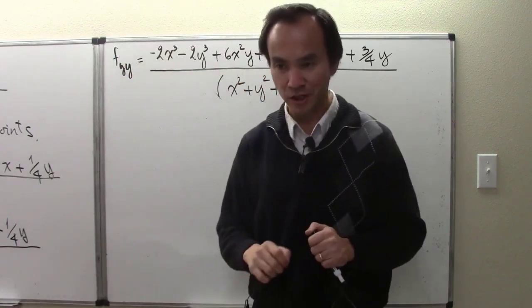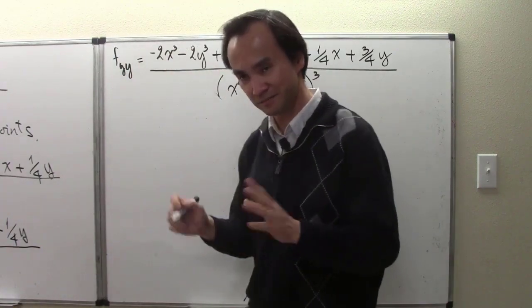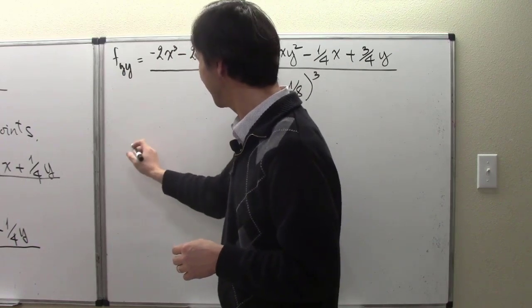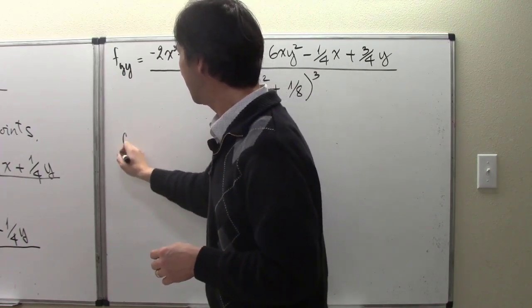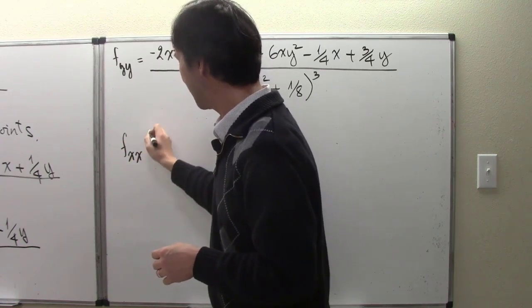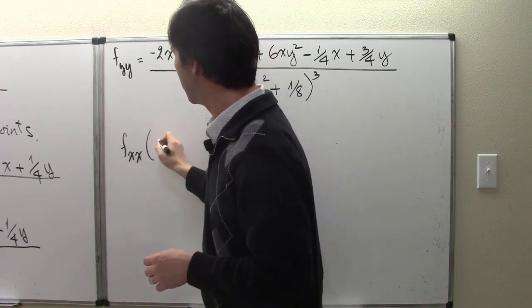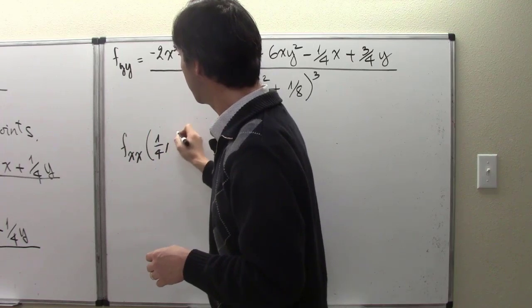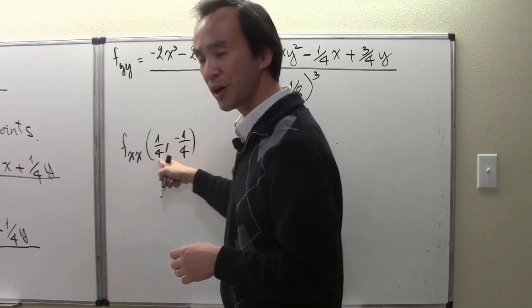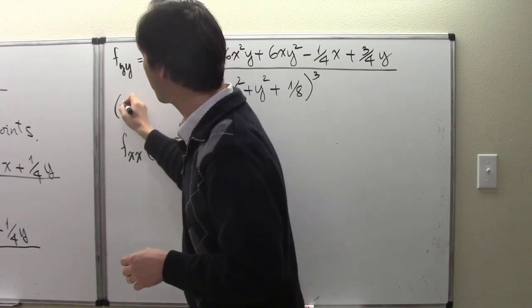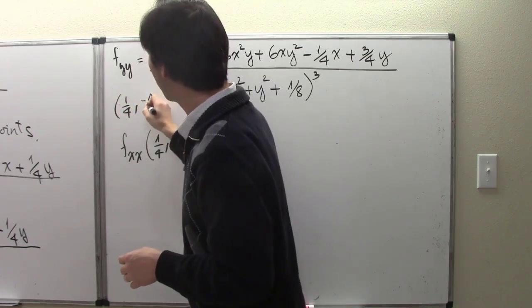I used a calculator aside from what's on the board here. Let's look at the first point, 1/4, comma negative 1/4.